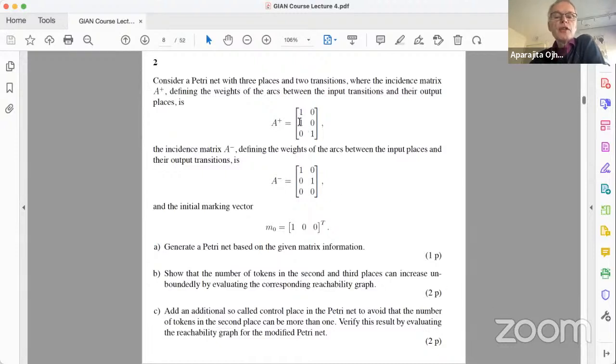So we first see here that there is one transition where you have two output places, and the third place is an output place to the second transition.